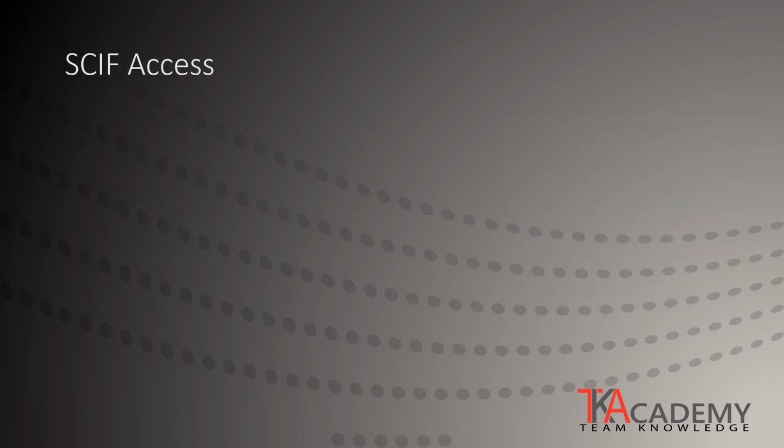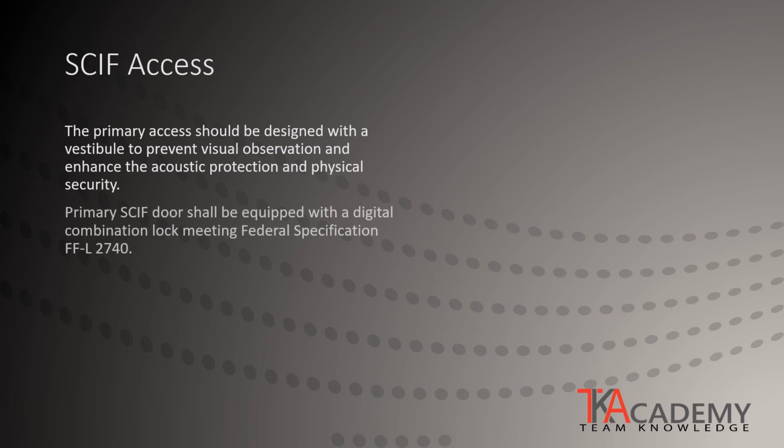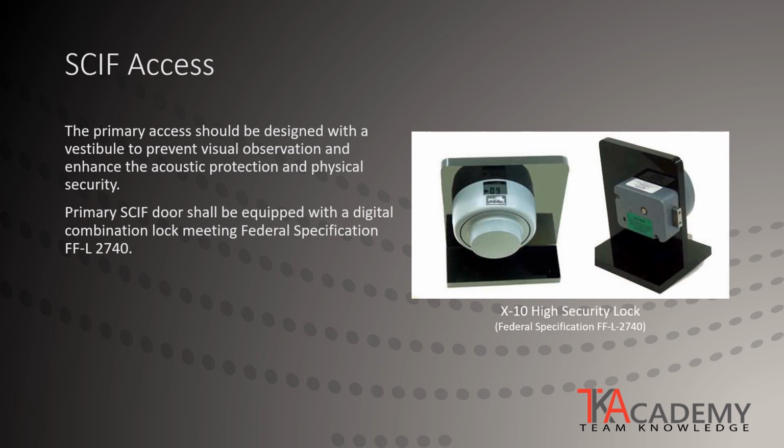A skiff should have a single primary access point. That access should be designed with a secure vestibule when possible. This will prevent visual observation into the secure space and will enhance acoustic protection and physical security. The primary skiff door must be equipped with an X10 high security digital combination lock meeting federal specifications.